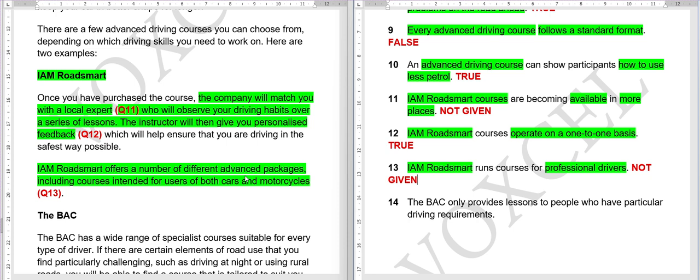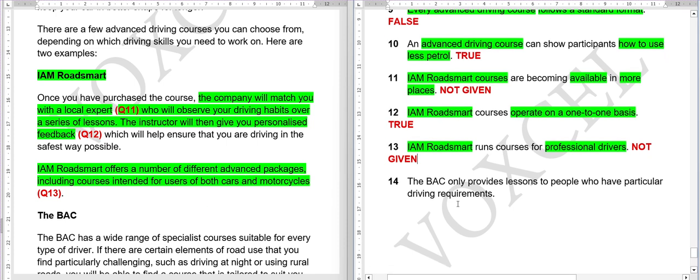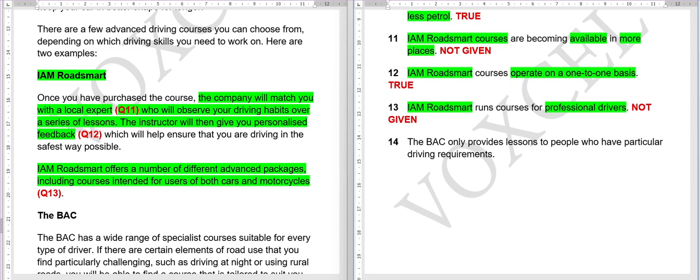Moving on to the last question, 14th. The BAC only provides, so now that's another company. The BAC only provides lessons to people who have particular driving requirements. So this particular company only provides lessons to those persons who have particular driving requirements. For example, there's a driver who doesn't know how to overtake in a safe way, or how to do left or right side judgment.